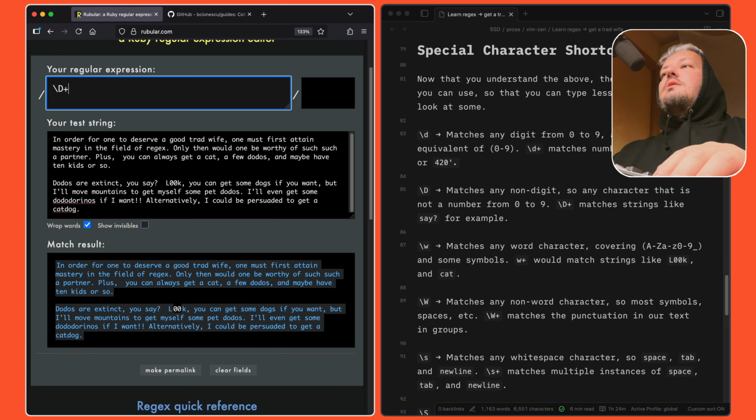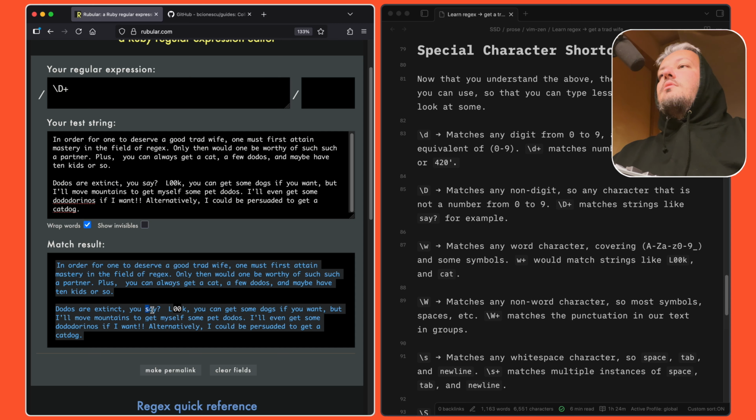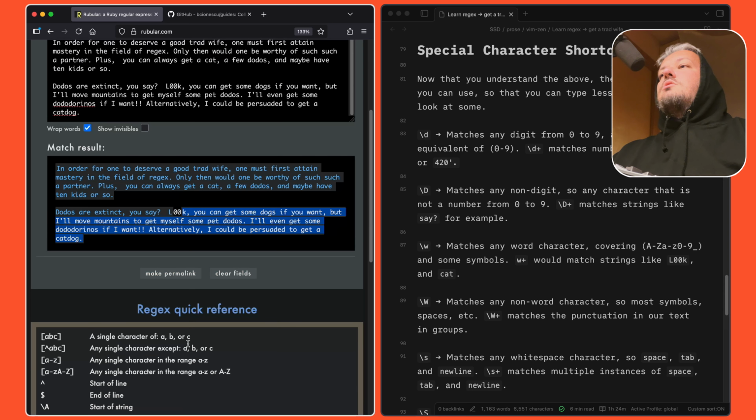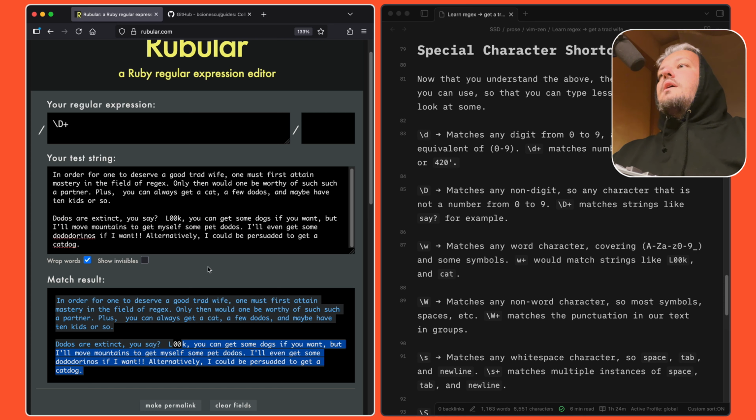Capital D plus matches strings such as, say, question mark, although really in this case it looks like it literally just matched the entire paragraph. So this would be a match, this is another match, and this is another match. So we'd have 3 separate matches in this case, although it doesn't appear to have matched the new line here.